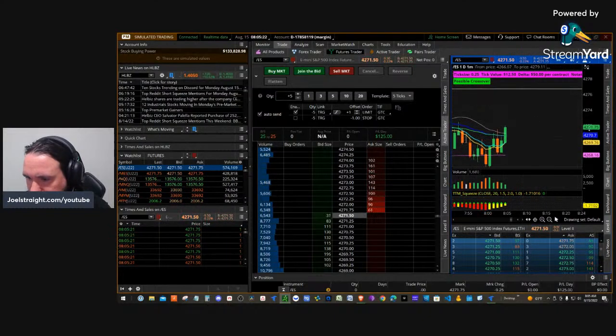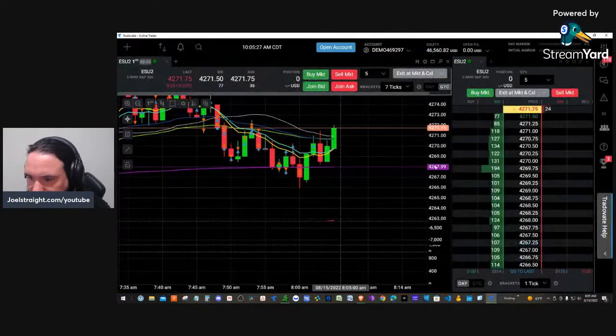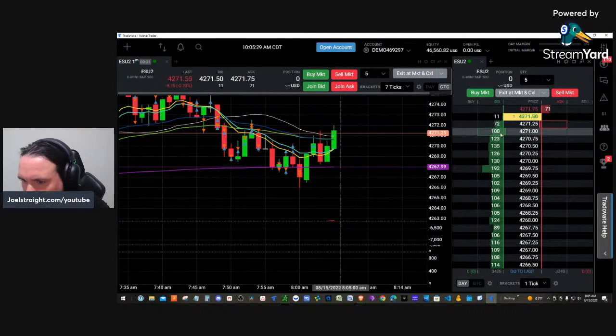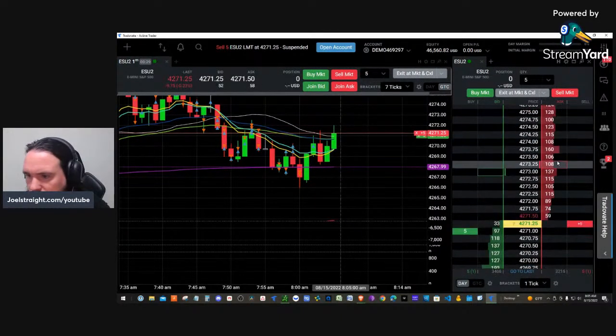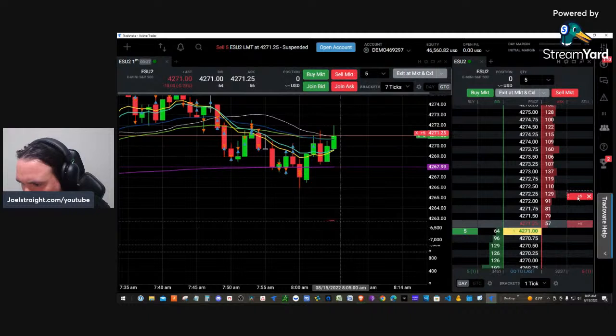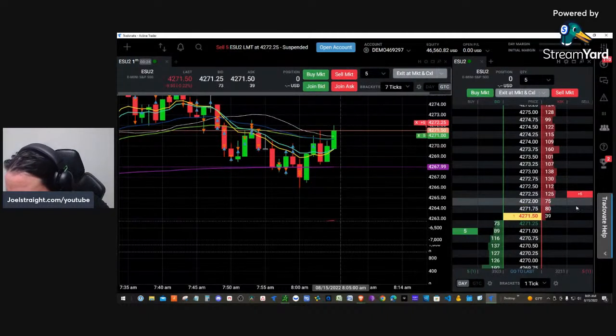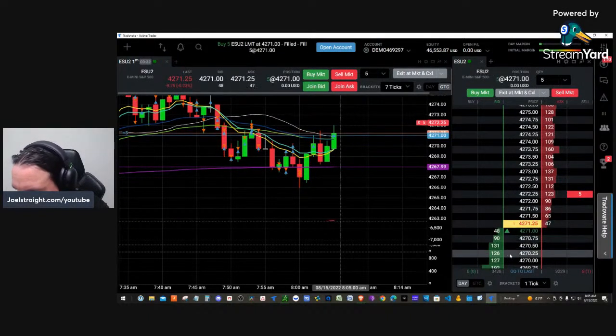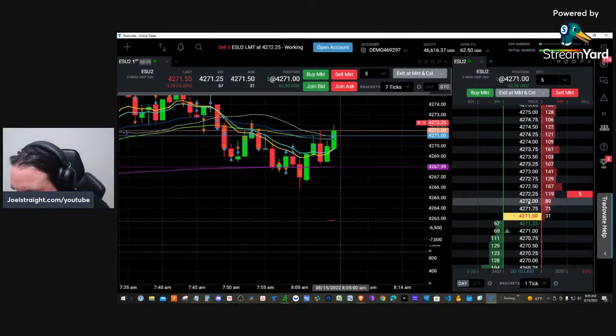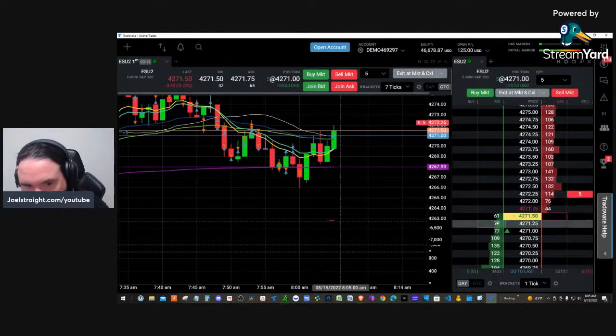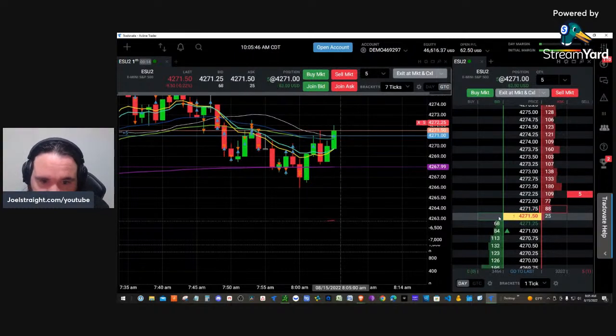Getting this rip up. See if we can get an entry off around the whole dollar mark here. Order filled. All right, looking for 1, 2, 3, 4 ticks to the upside.